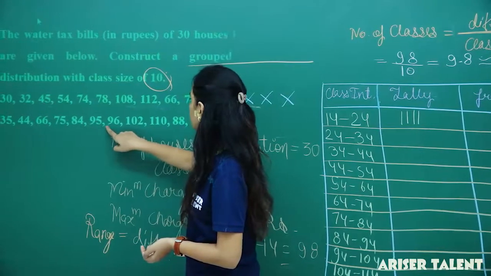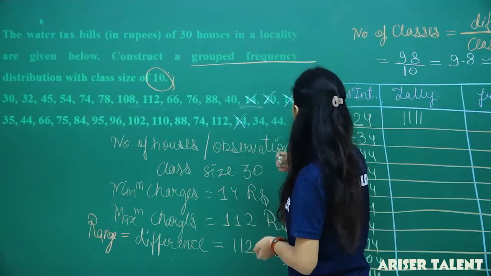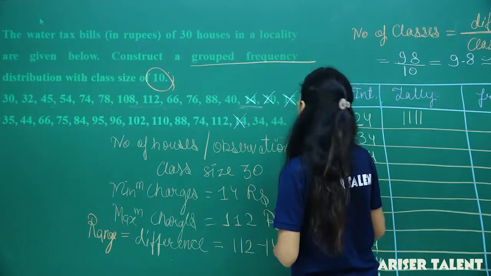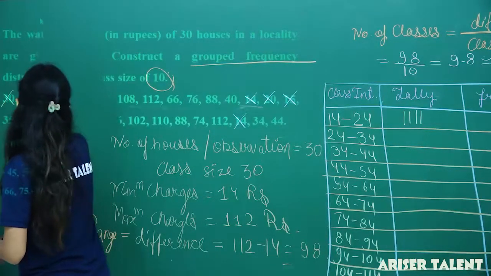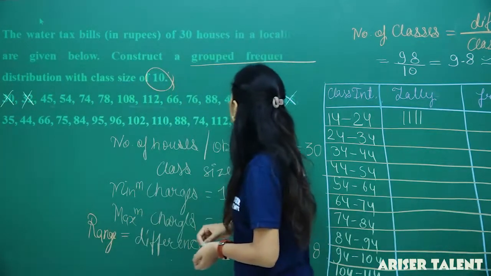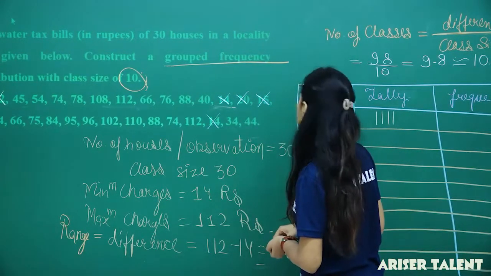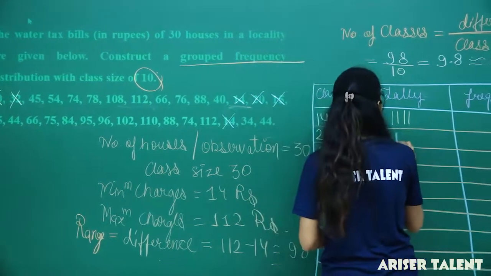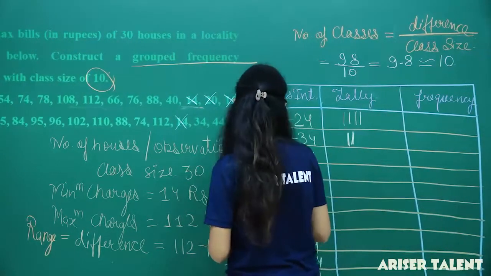There's nothing else. Okay, here there are 1 and 2. These 2 are there. So I'll mark it like 1 and 2.